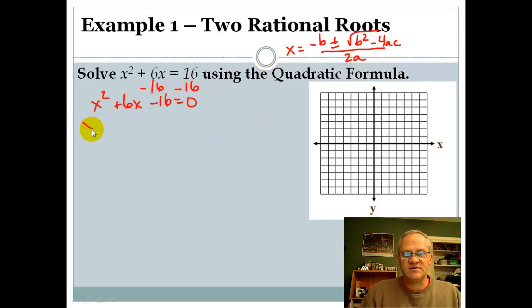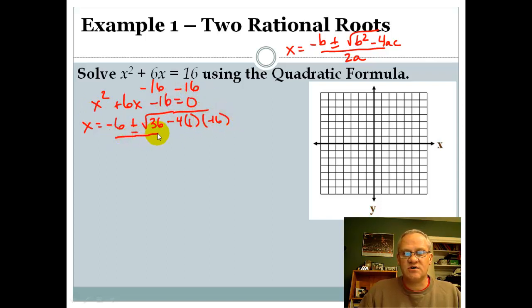So we're going to say x is equal to the opposite of that, or if it's plus 6, it's going to be a negative 6. If this was a negative already, it would turn to plus 6. So you change the sign. Plus or minus the square root, b squared. That means we're going to do 6 squared, which is 36, if you want to save yourself a little work, minus 4 times a. What's a? A is 1, and c is negative 16.